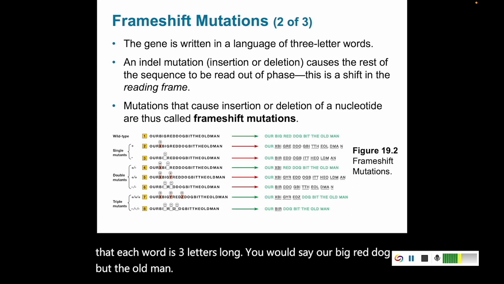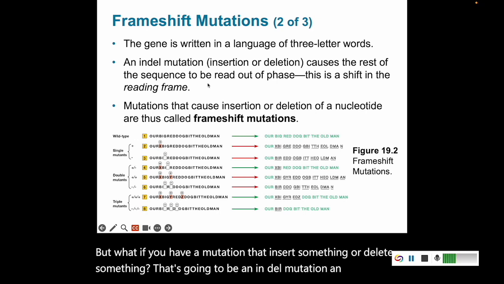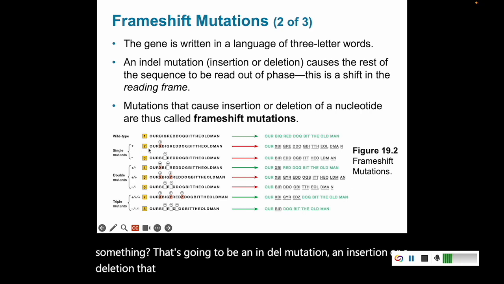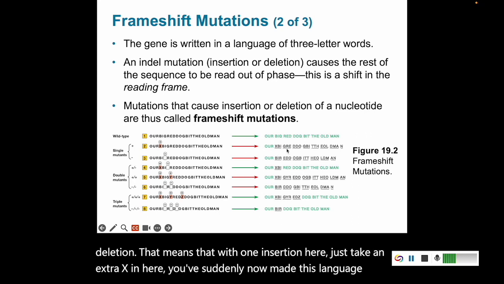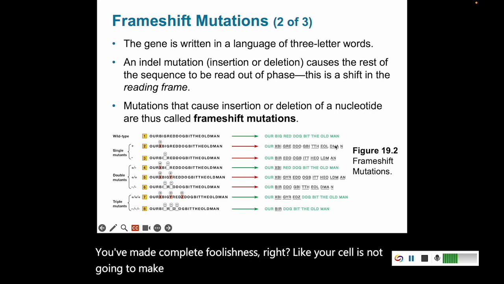But what if you have a mutation that inserts something or deletes something? That's an indel mutation, an insertion or a deletion. With one insertion here, just stick an extra X in, and you've suddenly made complete foolishness. Your cell is not going to make that into a functional protein.